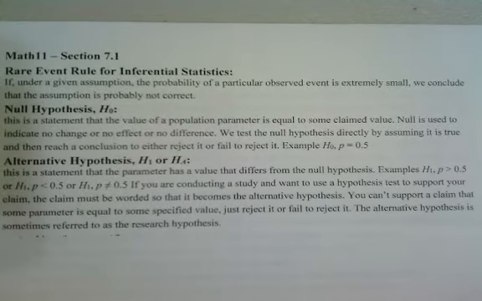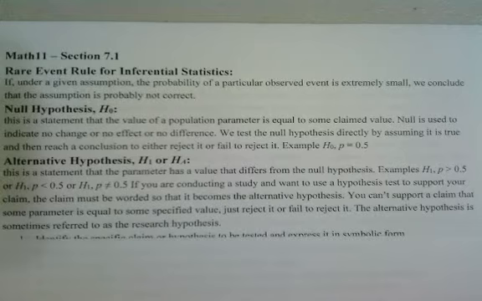Our other hypothesis is called the alternative hypothesis. Sometimes you'll see this written as H1, and other times you'll see it written as HA, A for alternative. This is a statement that the parameter has a value that differs from the null hypothesis.